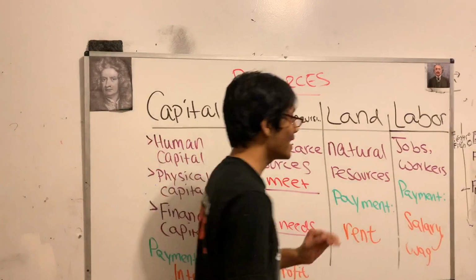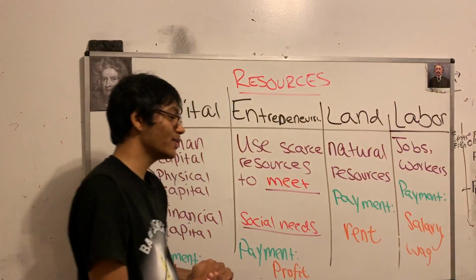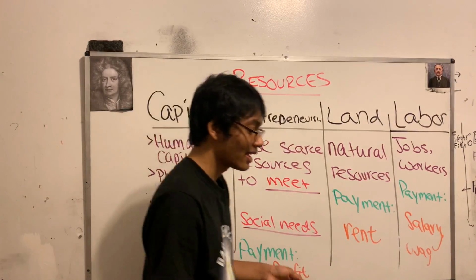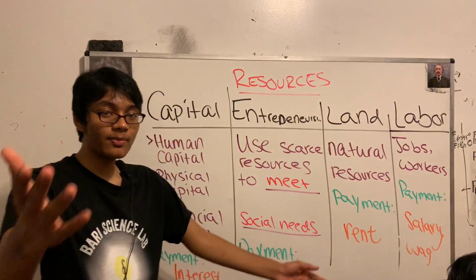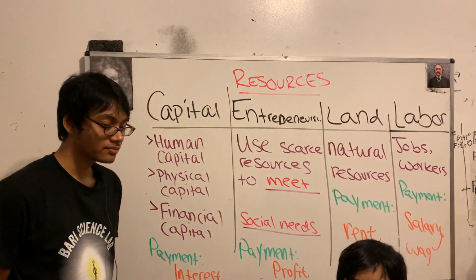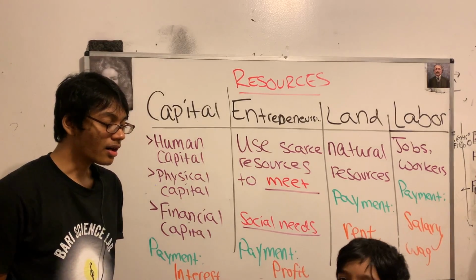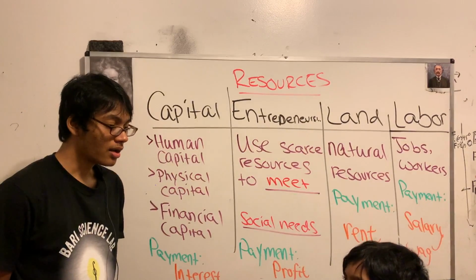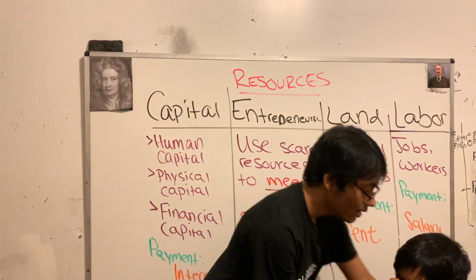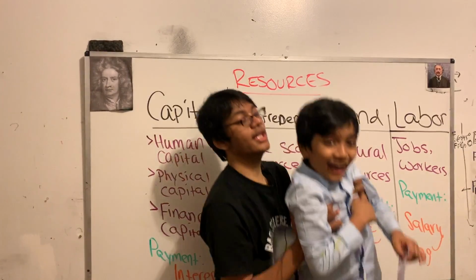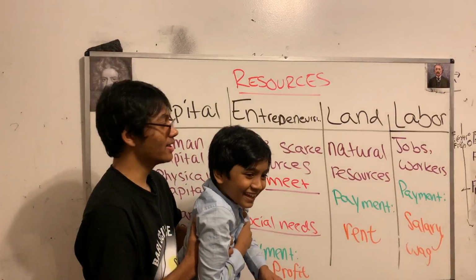Next one. Who wants to explain the next one? Land. Yes. Please come up here. What is land? Explain. Show it to the people. Land is a natural resource, a piece of terrain. That's what land is. Explain it to the audience while you're being lifted up.